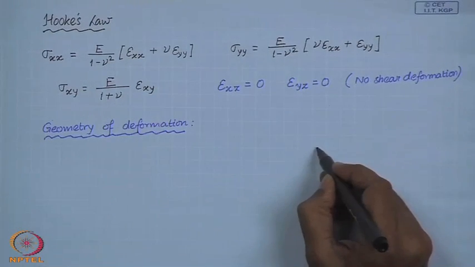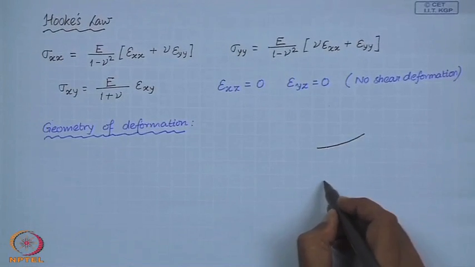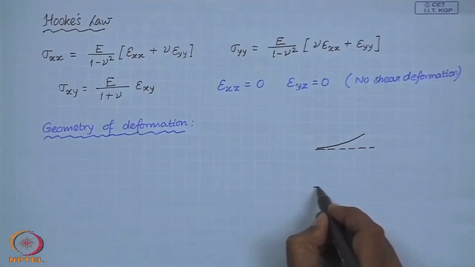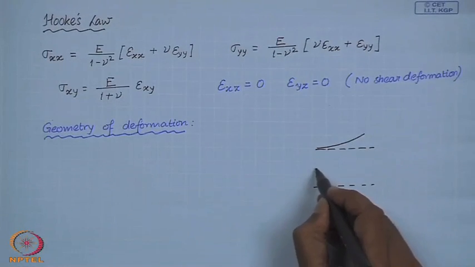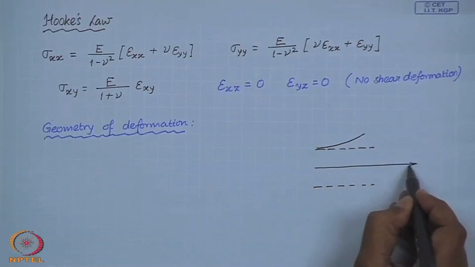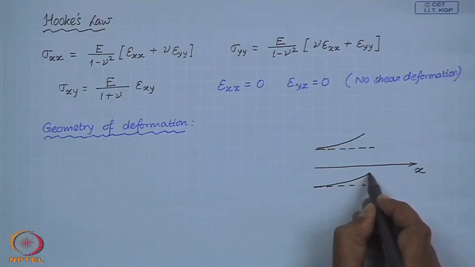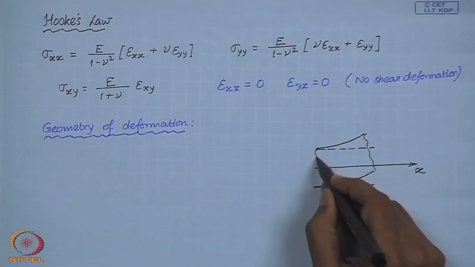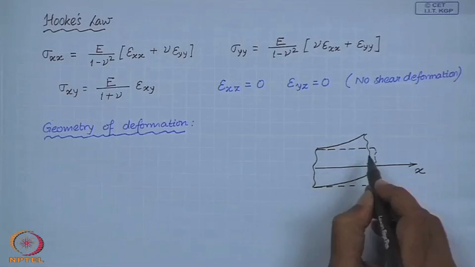Let us consider the plate initially undeformed, represented by this dashed curve, along the x axis, and this deflects in this manner.